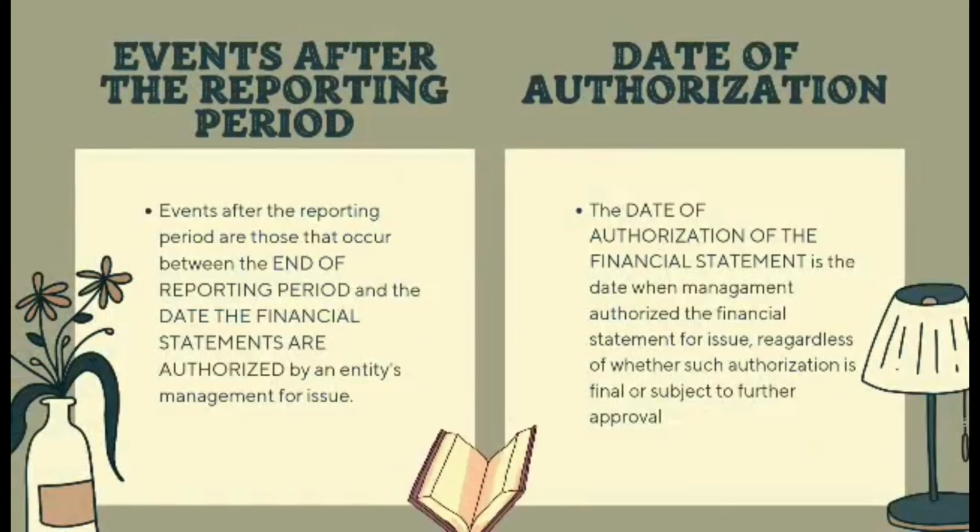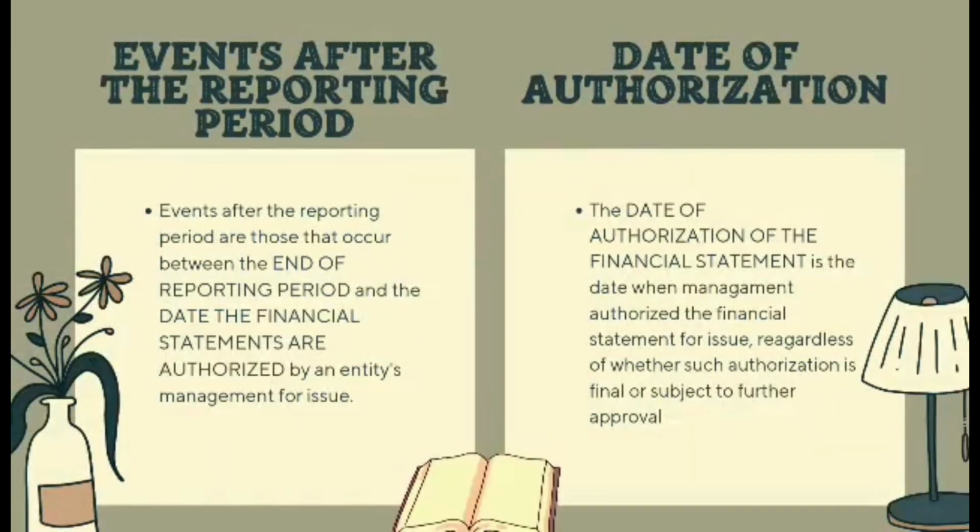Events after the reporting period. Ang sakop ng events after the reporting period ay ang mga sakop ng end of reporting period and the date the financial statements are authorized. What is date of authorization? Ito yung date na ino-authorize for issue ng management regardless kung final na ba or subject to further approval.